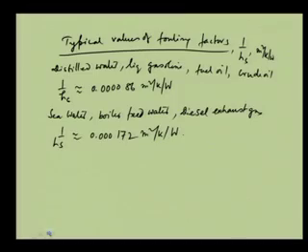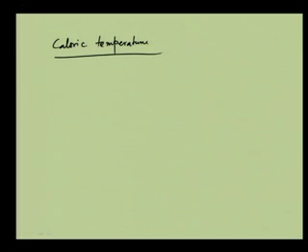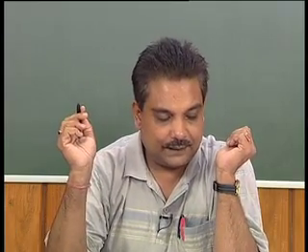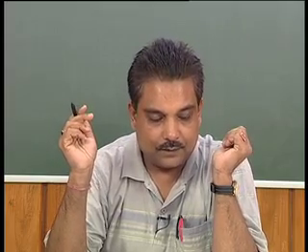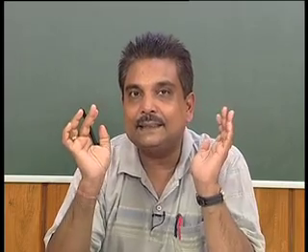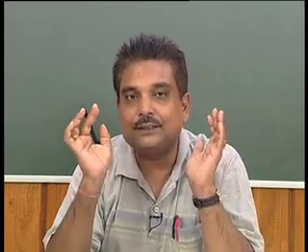The next part I am going to discuss is the caloric temperature. Caloric temperature is calculated when there is a continuous change. In a heat exchanger there is a continuous change of temperature from one end to the other end.